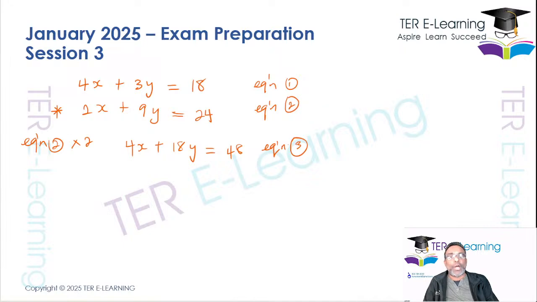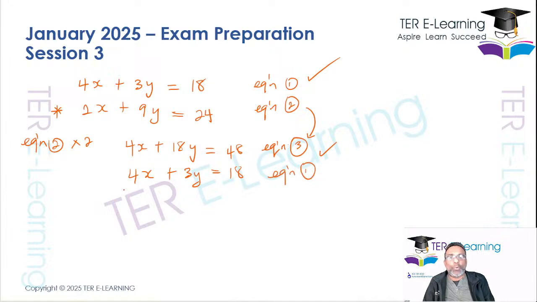Now, what we have done, we've transformed the second equation to get this. So what we're really using now to work out this is this equation and this equation. So I'm just going to write back the 4x plus 3y is equal to 18. That's equation 1.